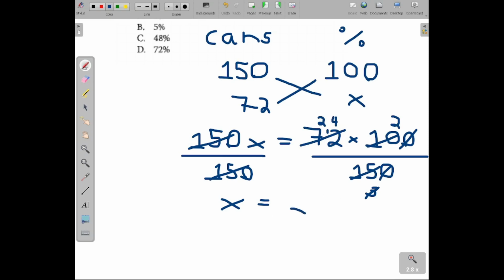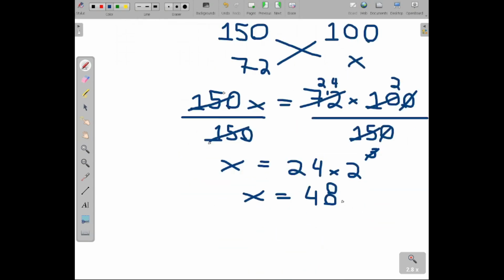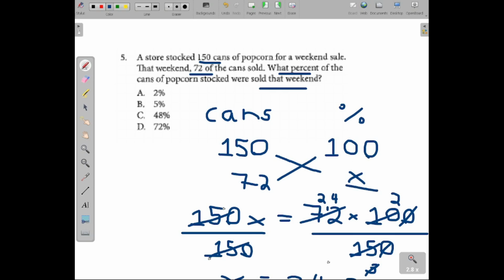Now we have x is equal to 24 times 2. x is equal to 48. And the unit is the percentage, because we are looking for the percentage. So the right answer is C, 48%.